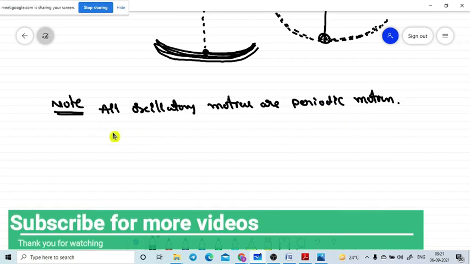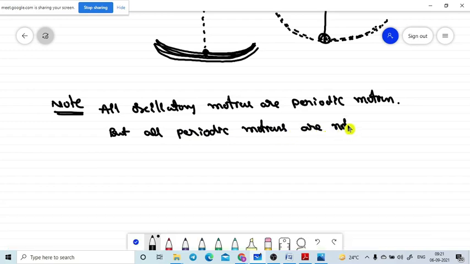That means all periodic motions are not oscillatory motions. That is very important.